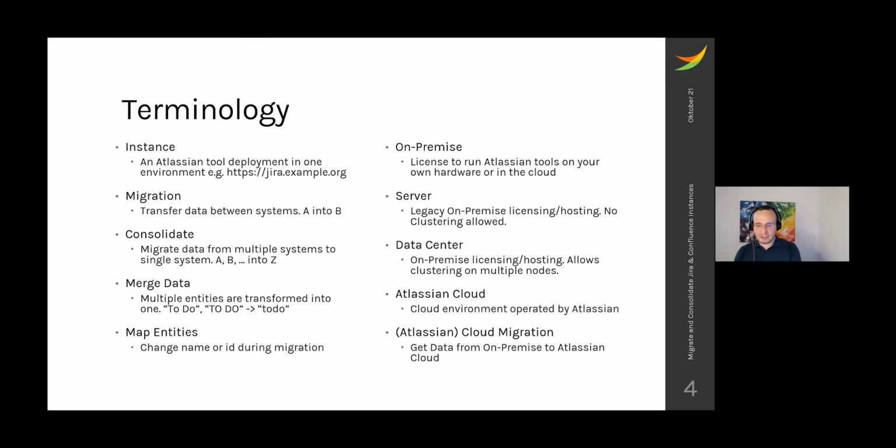When I talk about cloud migrations, I don't talk about going to AWS or Azure with Data Center, but about Atlassian Cloud migrations. And this is also one thing I don't want to talk a lot about today. I have a slide in the end, because there's always a lot of questions concerning Atlassian Cloud migration, and we can do that in the Q&A session. But this is not the focus of this topic.